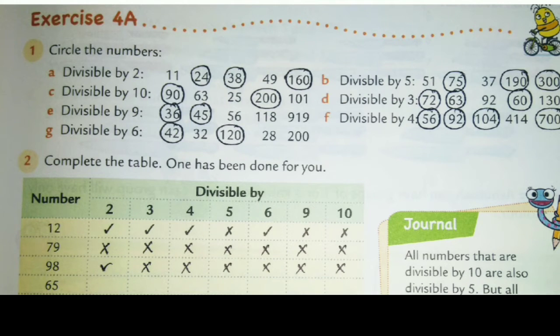Next, for 9, the sum of the digits is divisible by 9. Then for 4, the last 2 digits are divisible by 4 or end with 0. And 6 means it could be divisible by 2 as well as 3.